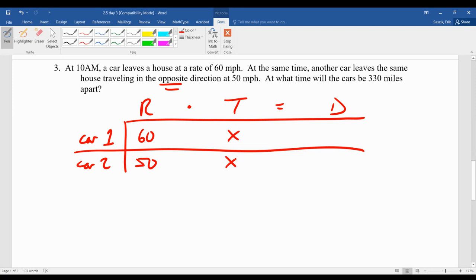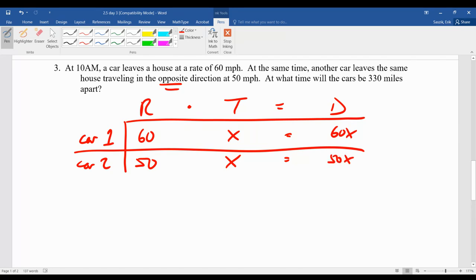Well, they left at the same time, and they're driving continuously. They haven't gone the same distance, but they've been traveling for the same amount of time. So the time column is both going to be X. Car 1 has gone 60x, car 2 has gone 50x.